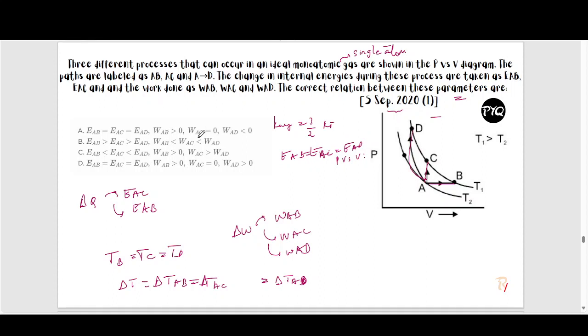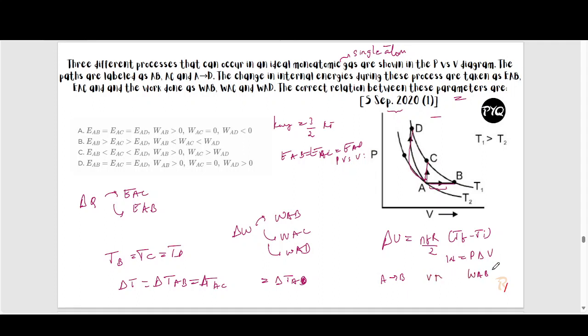Since we apply the formula del U equals nfR upon 2 into Tf minus T initial, W equals P del V. From here we can see from A to B the volume was increasing.